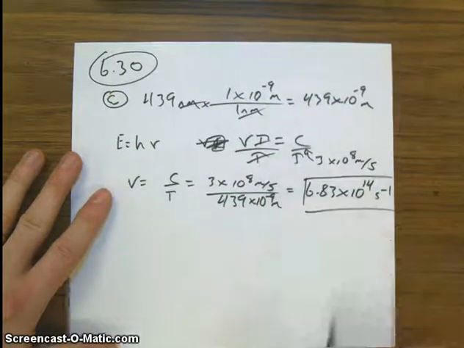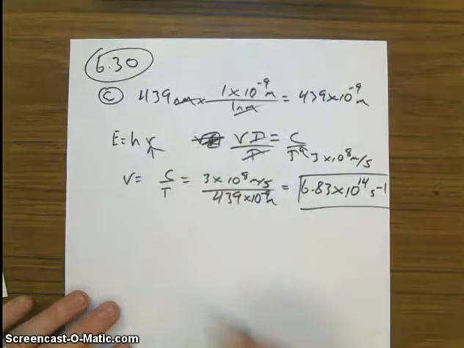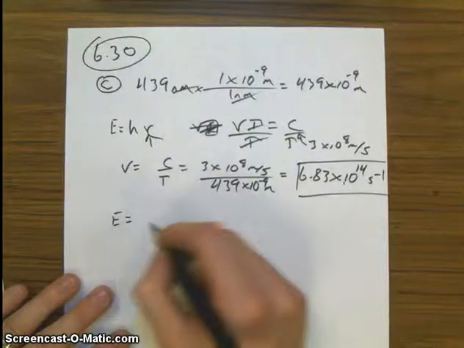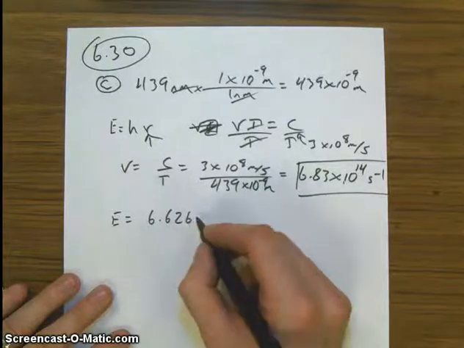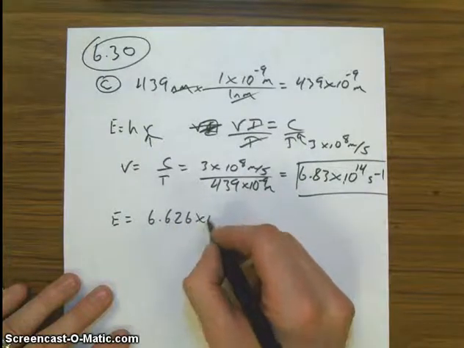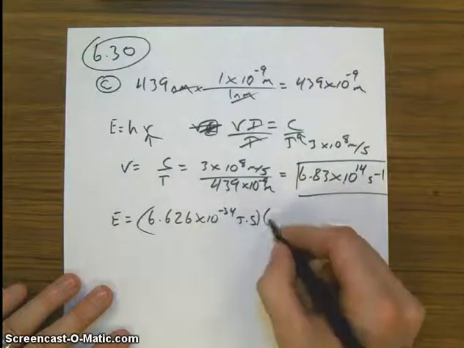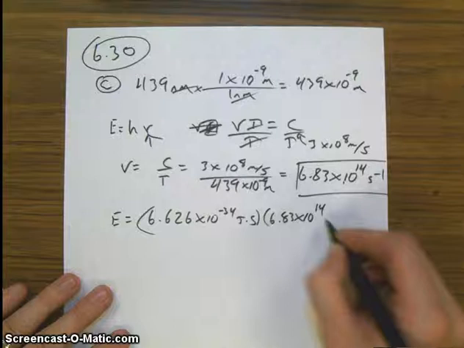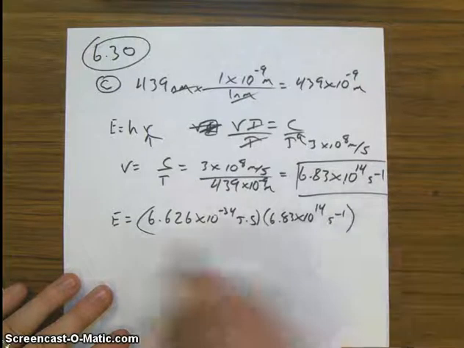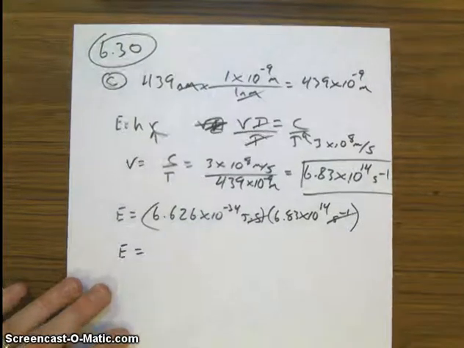So now that I have my frequency here, I can plug that in here. So E equals h, which is Planck's constant, which will be given to you in all your tests, 6.626 times 10 to the negative 34th joule seconds times 6.83 times 10 to the 14th inverse seconds. When you do that, seconds go away, obviously, and you're left with the energy per photon that you're shining at this thing.